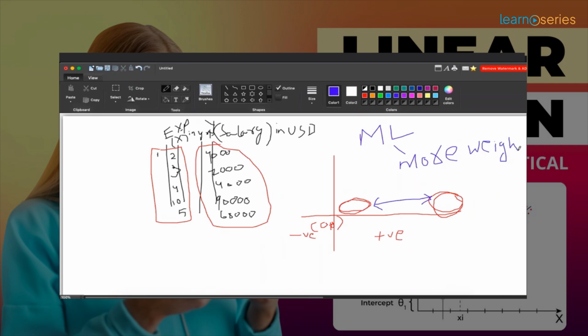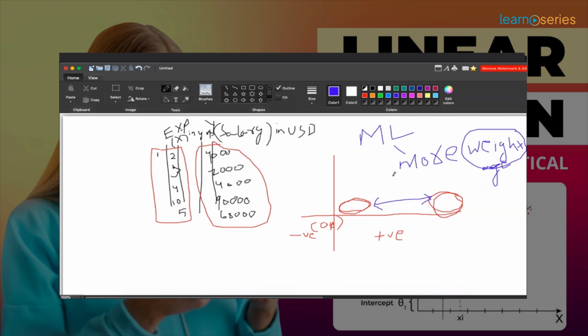This word, weightage, we are going to use very, very frequently. The model will put more weight on the higher numbers. So the output of whatever model you have built will be highly influenced by the higher numbers.